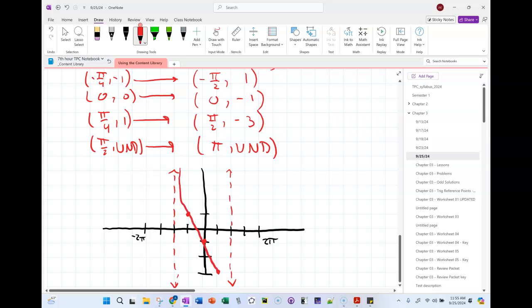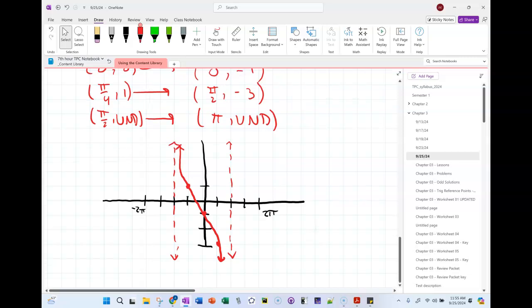Just kind of draw my part. Do a better looking graph than that, Mr. Kulik. You know, that's a little better. Is everybody okay with what I've drawn there?